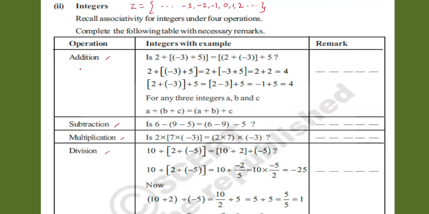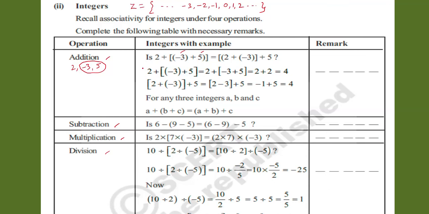Here we have taken 2, minus 3, 5. 2 is the first number, minus 3 is the second number, 5 is the third number. First, we do the addition of second and third numbers. That is written in the bracket, minus 3 plus 5. After that, we add this value to the first number.